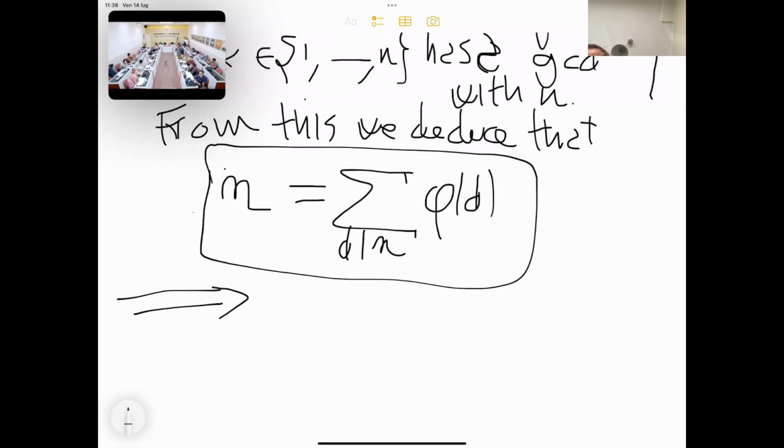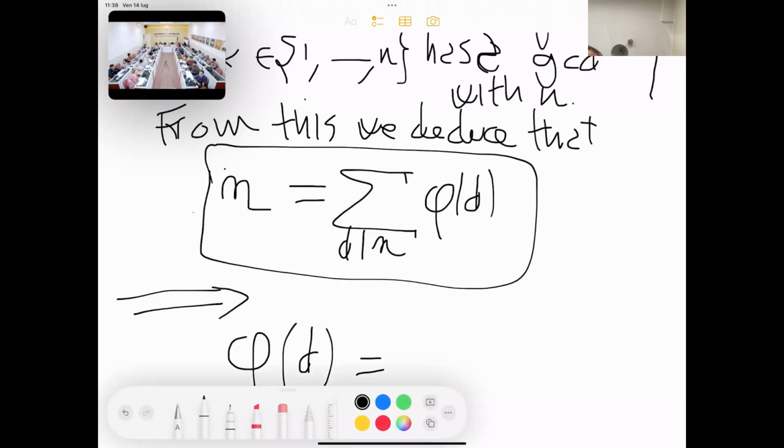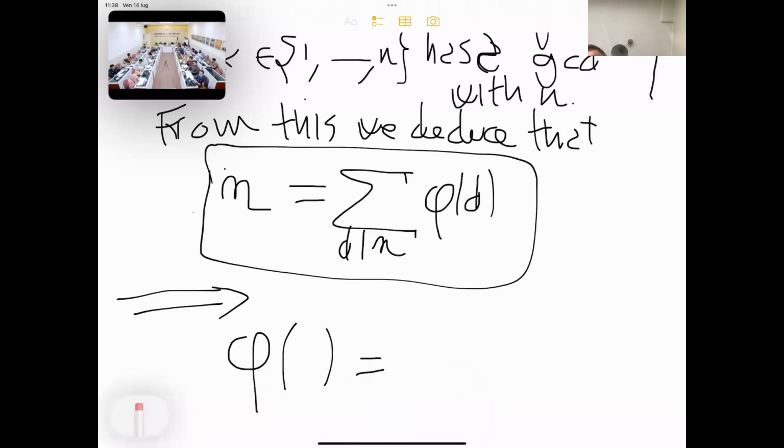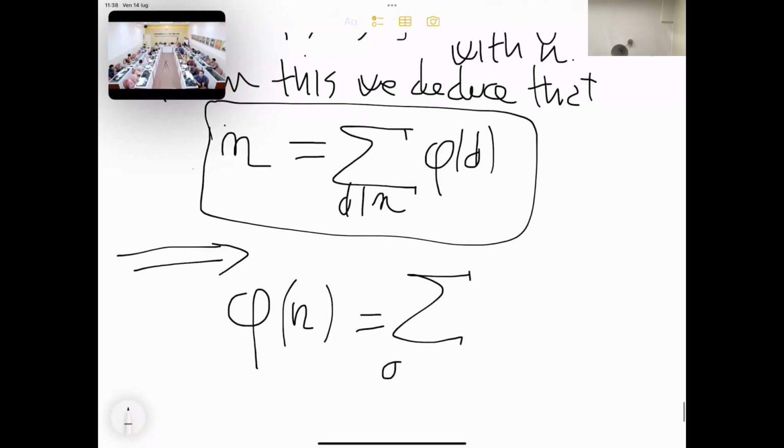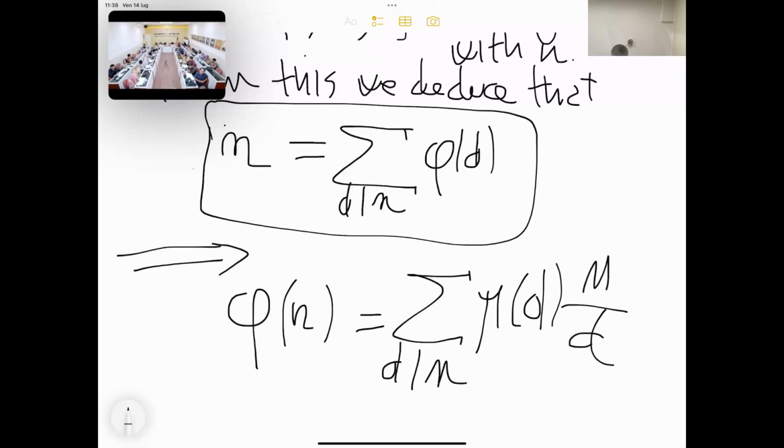Well, from this, we deduce a formula. From the Möbius inversion formula, we get this formula for phi of n: phi of n is the sum for d dividing n of mu of d times n over d.